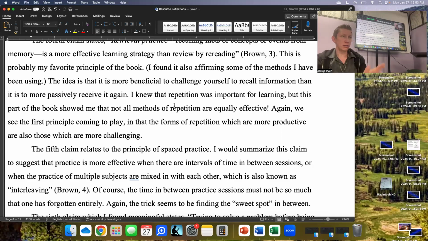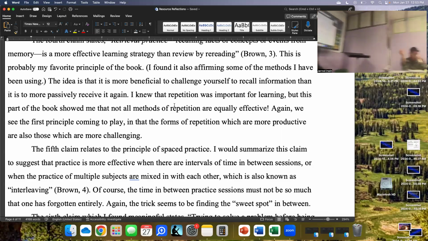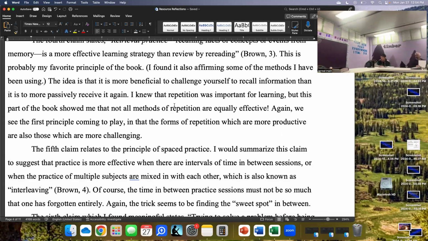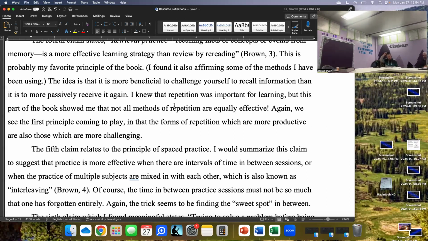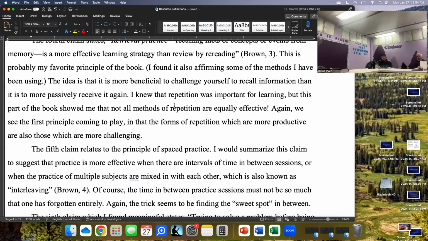So we want to get James W. What'd you get for retrieval practice? Just what you did, trying to recall what you did learn, like the next day, and repeatedly trying to see how much of it you can remember without having to review.